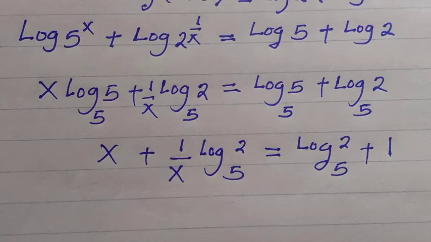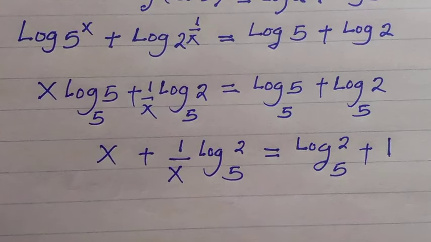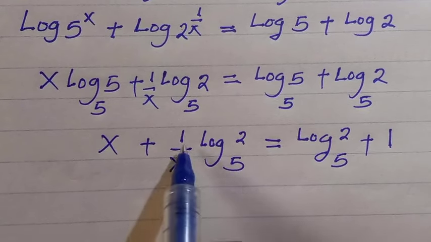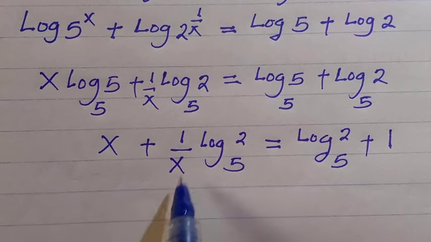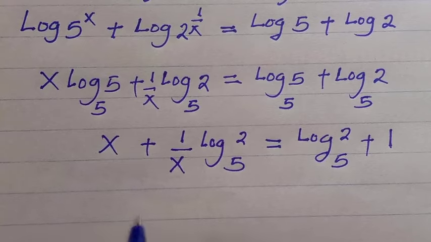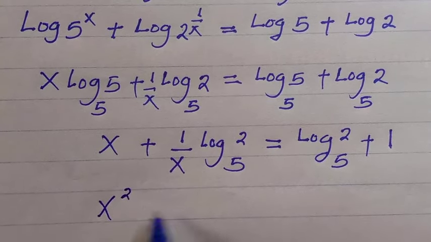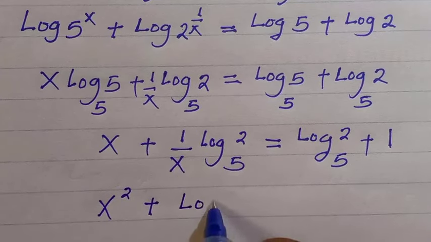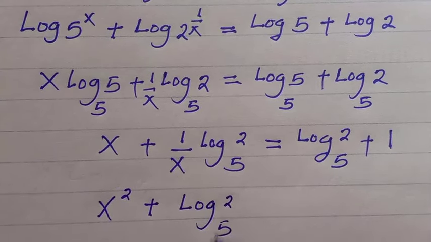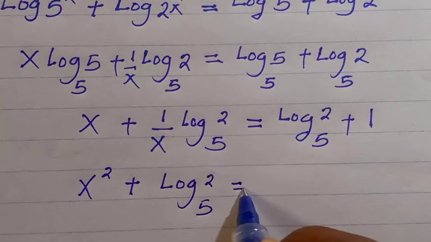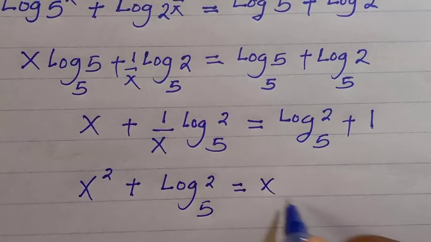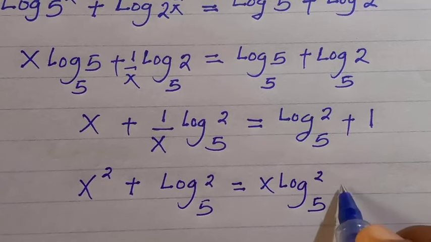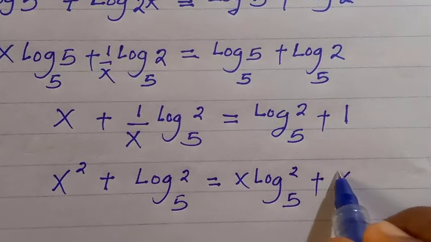The next thing we are going to do is multiply x to both sides, just to make sure that we don't have this fraction here. So here becomes x squared plus 1, and we have log 2 base 5 equals x log 2 base 5 plus x times 1, which is x.